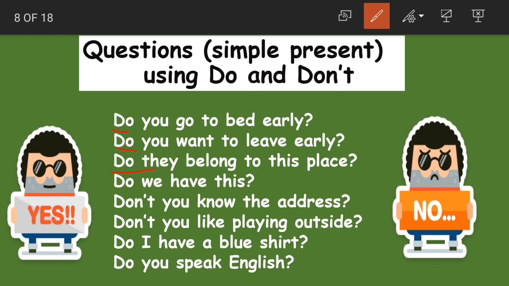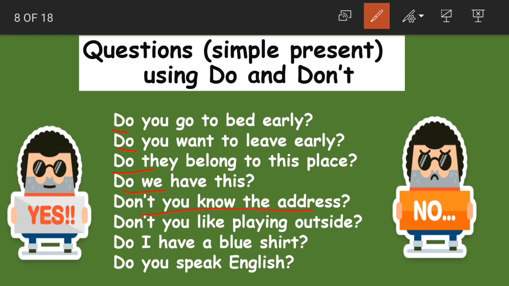This will be the meaning of the question. The answer may be yes or no. Okay, do we have this? Something like an object. So you can ask, do we have this?